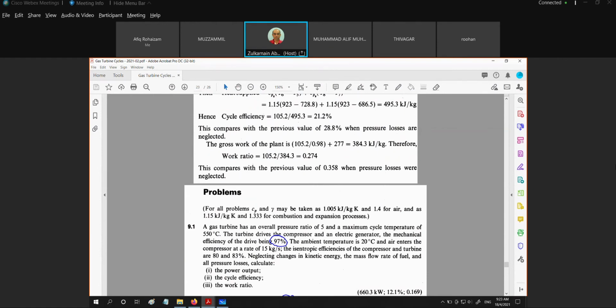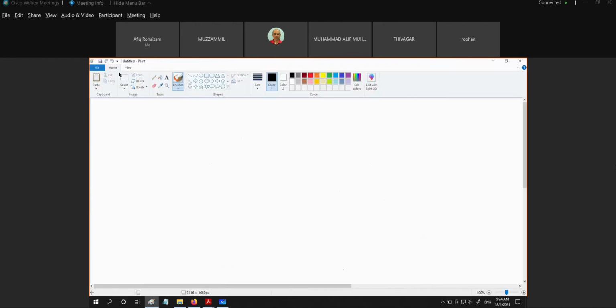Okay, the first question is to sketch the schematic diagram. Print screen.